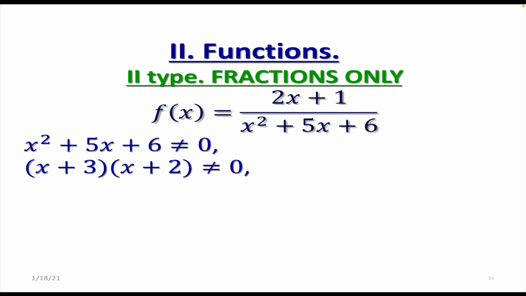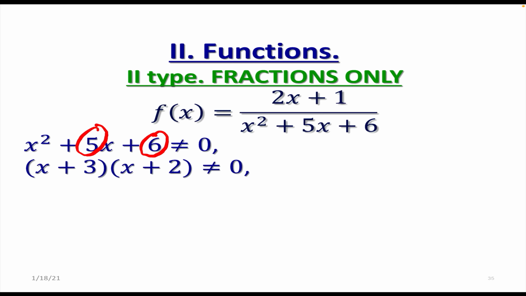It factorizes into x plus 3 and x plus 2. Remember, this is a quadratic and we're looking for two numbers that multiply to the last constant, which is 6, and add up to the middle coefficient, which is 5. So it's going to be 3 and 2, since 3 times 2 is 6 and 3 plus 2 is 5. Now, we want to solve it for x.